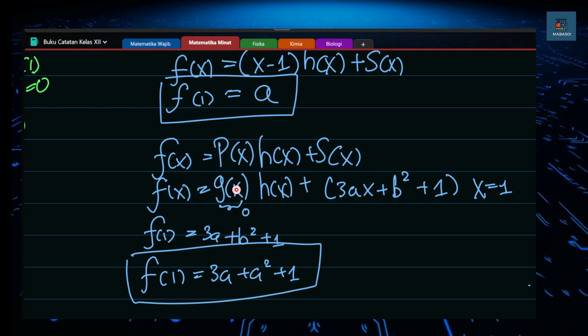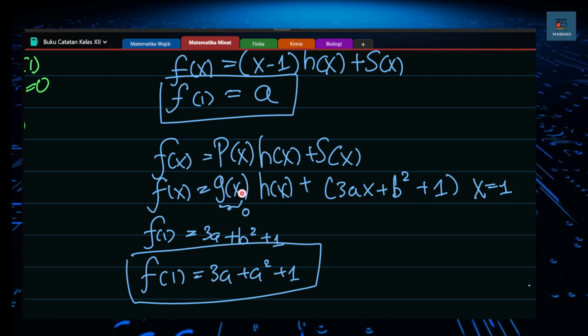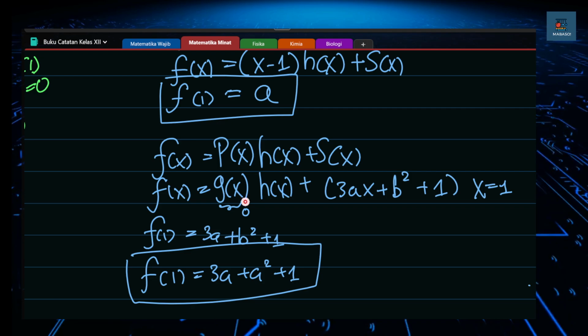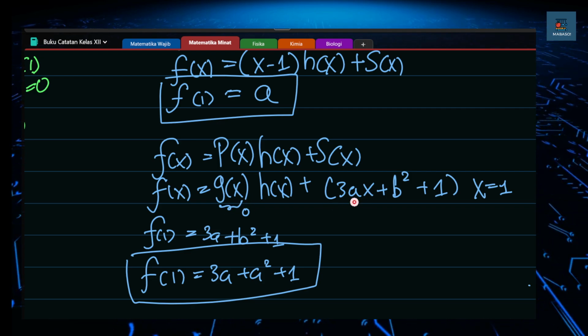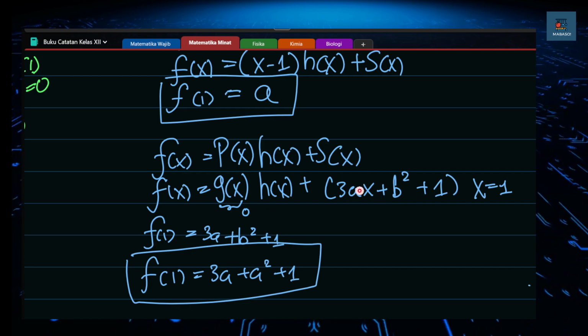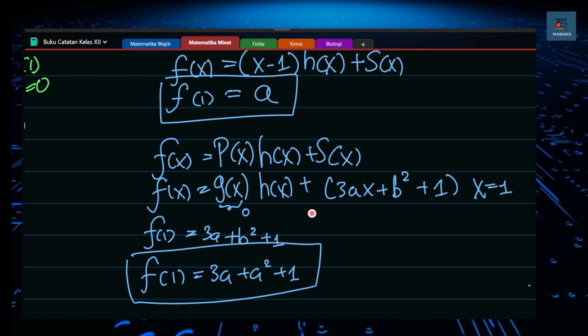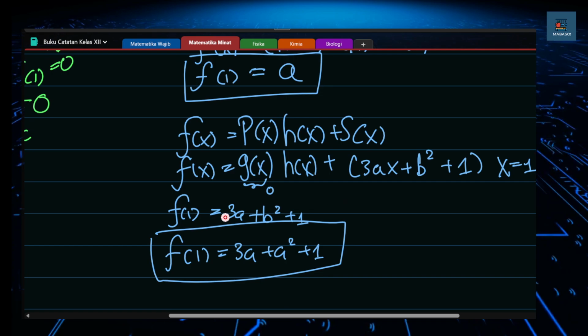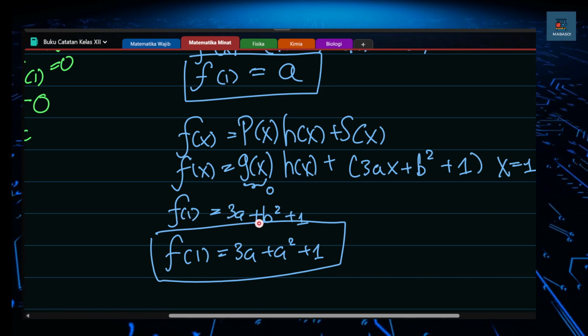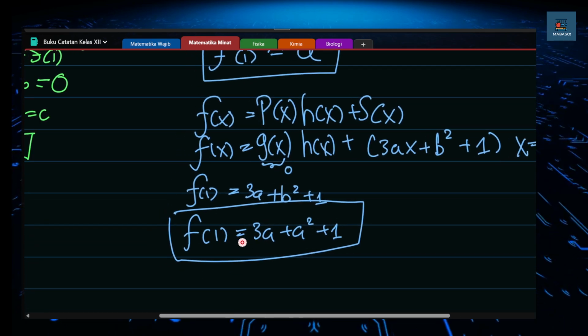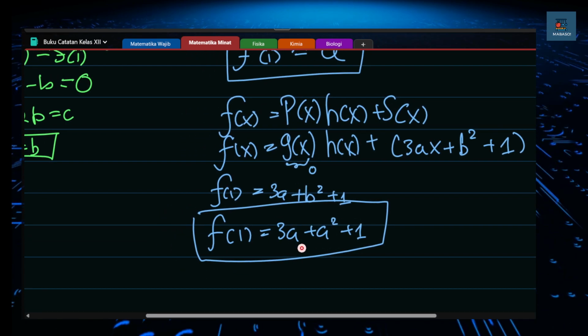It means that this term would be equal to 0, so we don't have to consider what the quotient is. Then we are left with 3ax plus b squared plus 1. We replace x with 1, since we chose x equal to 1. That means f(1) is equal to 3a plus b squared plus 1. So f(1) is equal to 3a plus a squared plus 1.